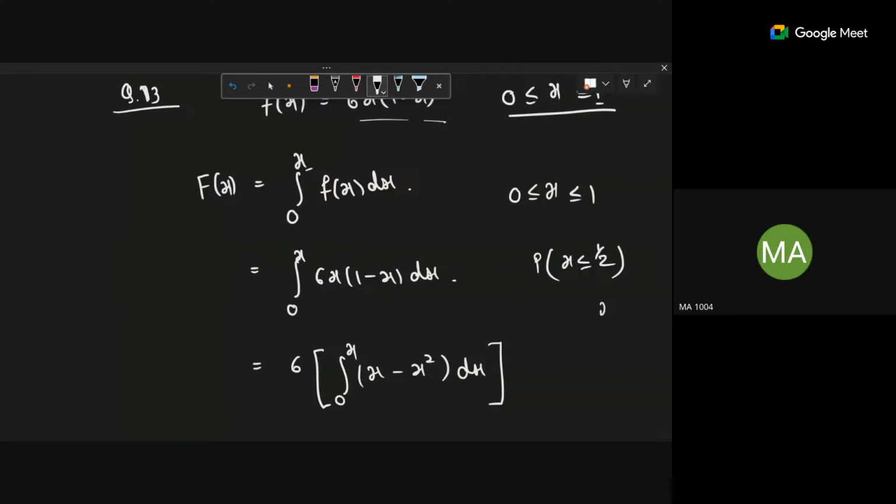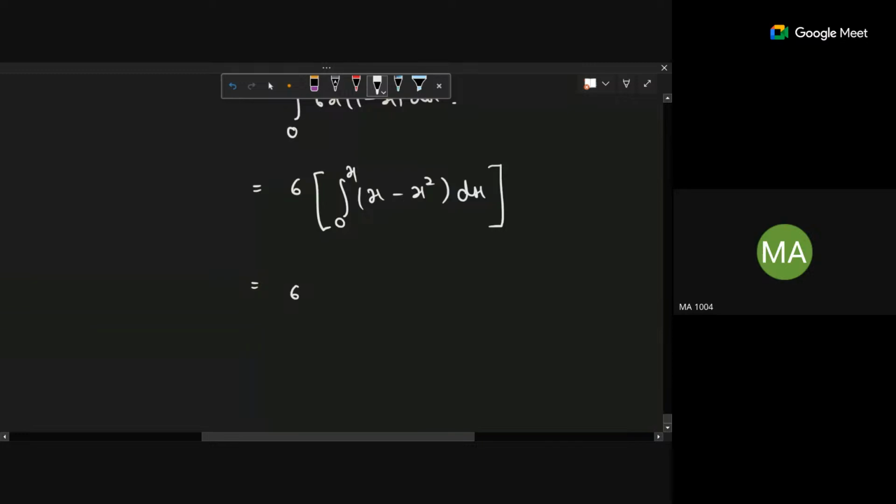What is the CDF at 3 by 4? Integration from 0 to 3 by 4. So to keep x as a variable, I am taking my upper limit as x, for any value between 0 and 1. For values of x greater than 1, the answer will always be 1.